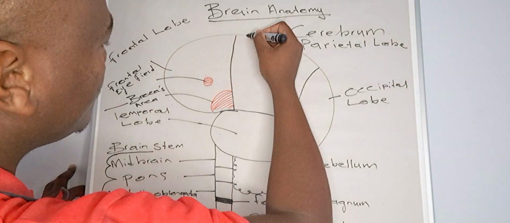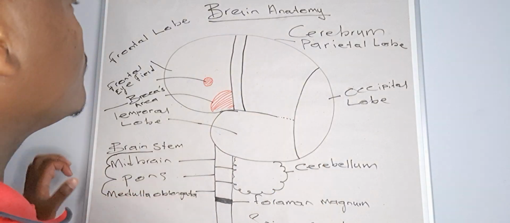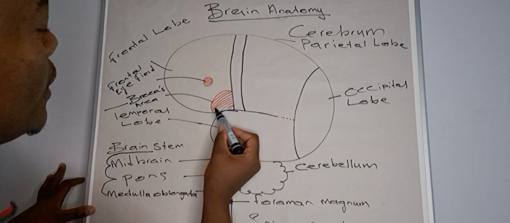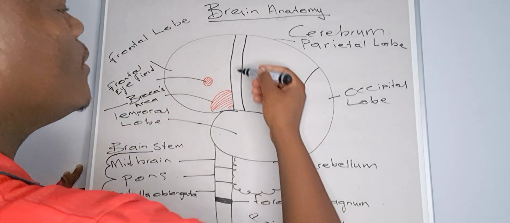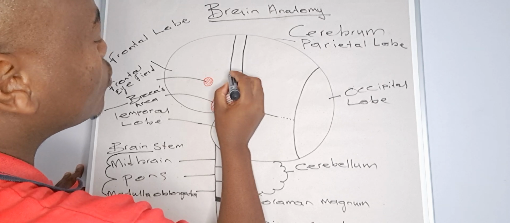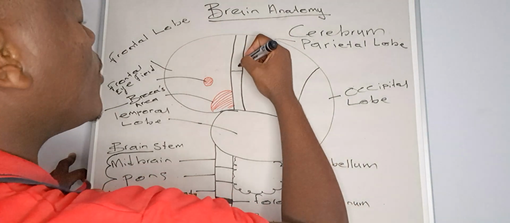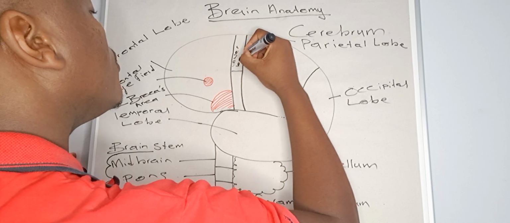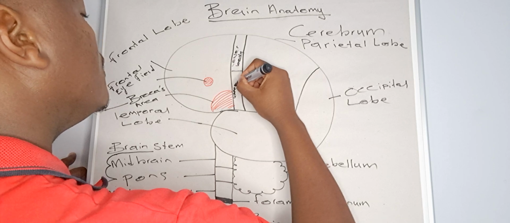Here we're going to have our division between the frontal lobe just before you overlap to your parietal lobe. We do have a component that is quite useful. This component is divided into two areas. We have our lower body, we have our upper body.